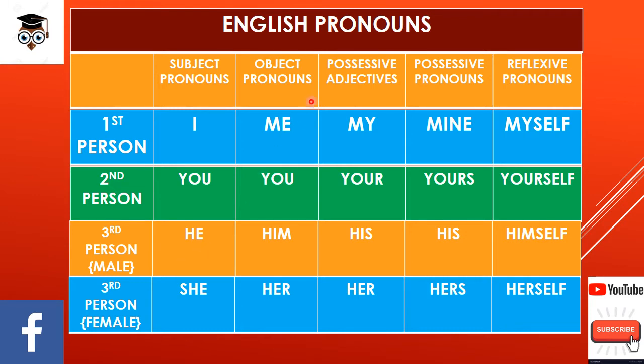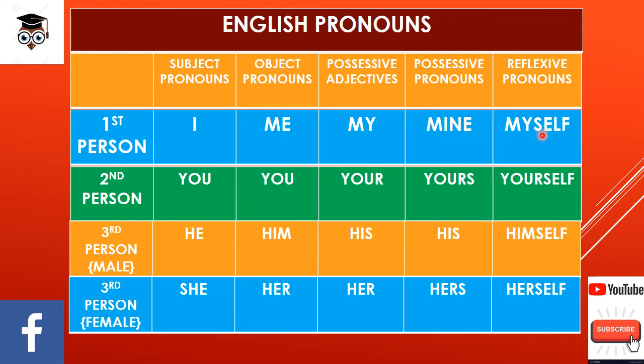This is a small little chart that I have made for you: subject pronouns, object pronouns, possessive adjectives, possessive pronouns, reflexive pronouns. First person: I in subject pronouns, object pronouns, me, possessive adjectives, my, possessive pronouns, mine, reflexive pronouns, myself.